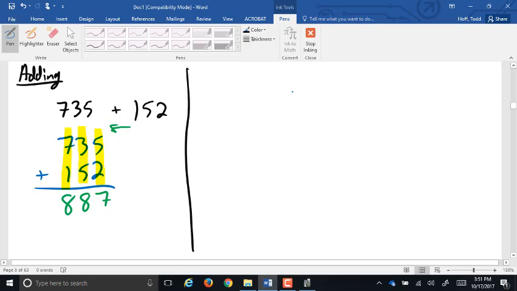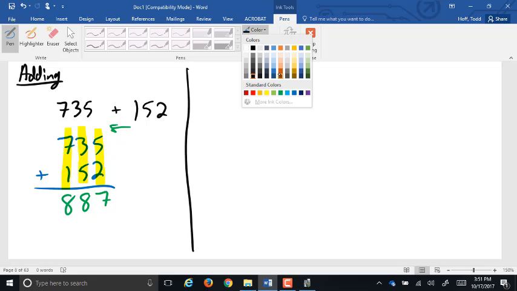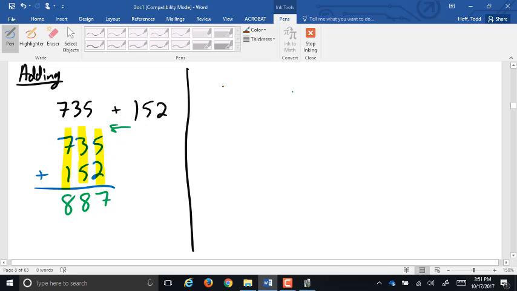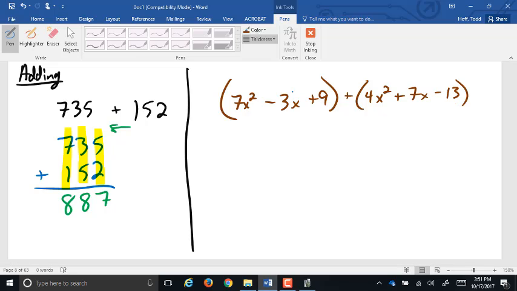If I were adding 2 polynomials, 2 algebraic numbers, now the parentheses here are just to separate the numbers. I might have 7x squared minus 3x plus 9 plus 4x squared plus 7x minus 13.